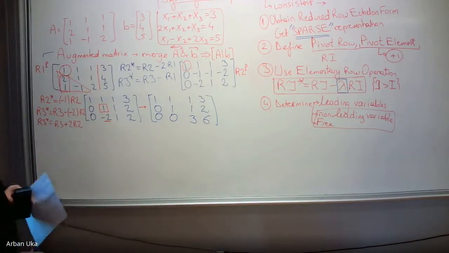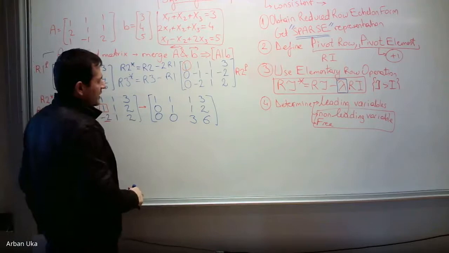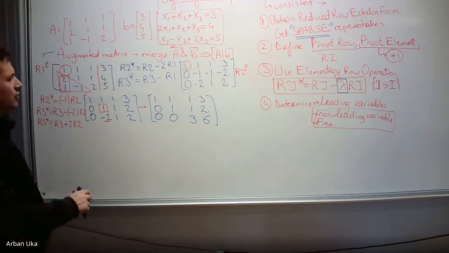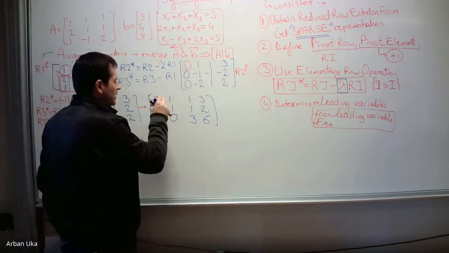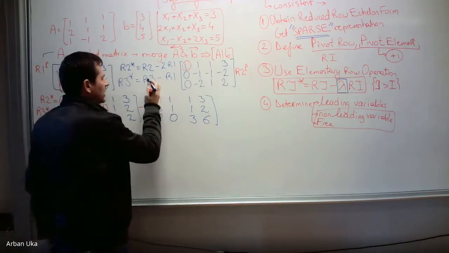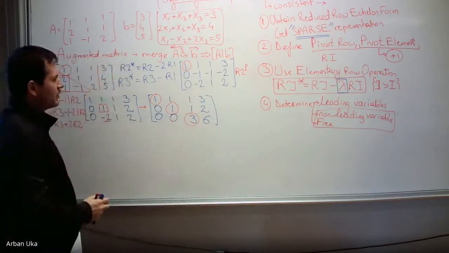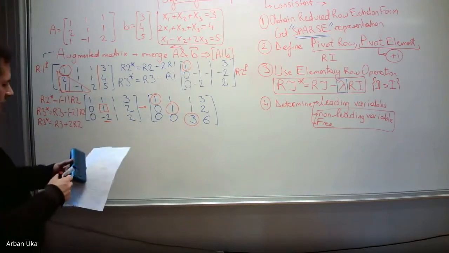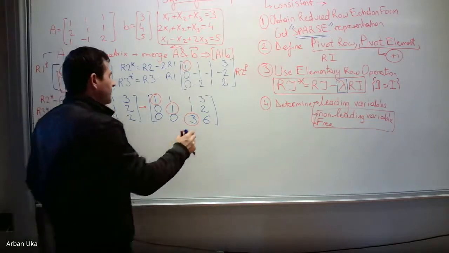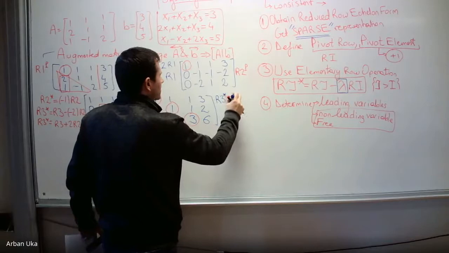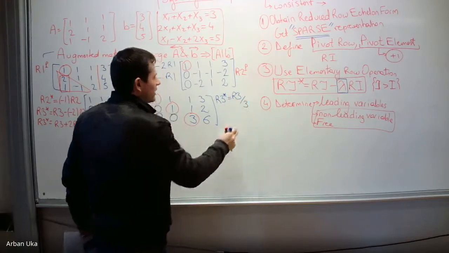Now we are done with this, and then what we can do is that we have another row, but we want here a leading one. So we like to have for each row, we want them to be led by 1. So at this stage, what can we do? We can say that row 3 star, we can write this as row 3 divided by 3.